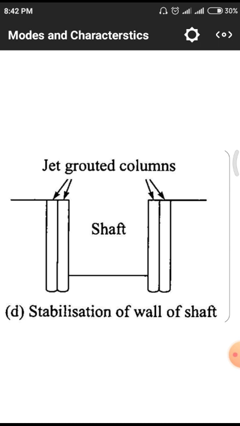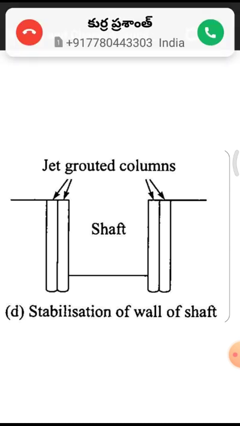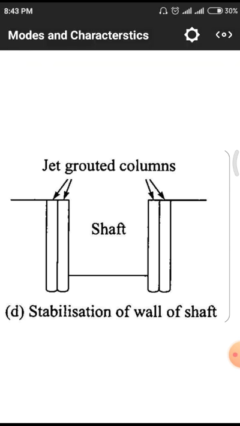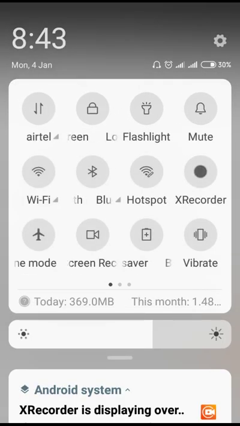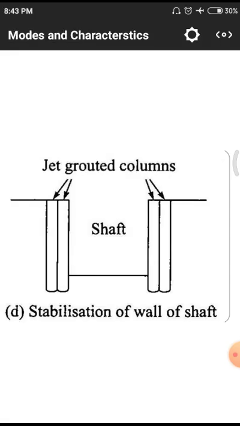Normally a shaft is utilized for producing electricity in dams and other structures, so at those particular spaces they have to go for these jet grouted columns. Those columns will arrest the water which is entering into the shaft.